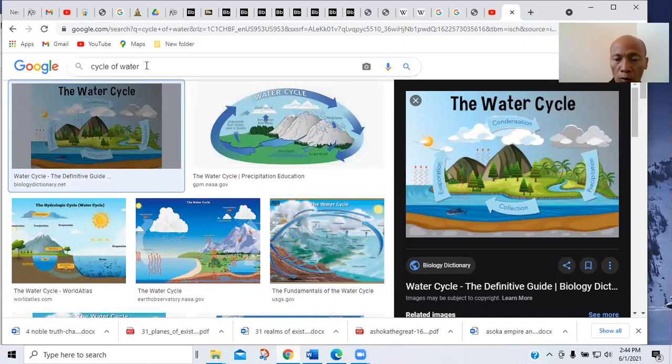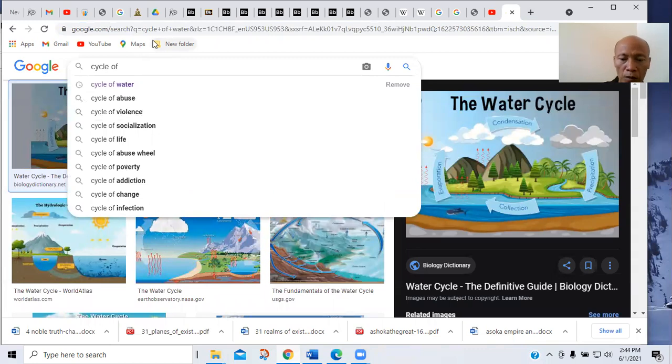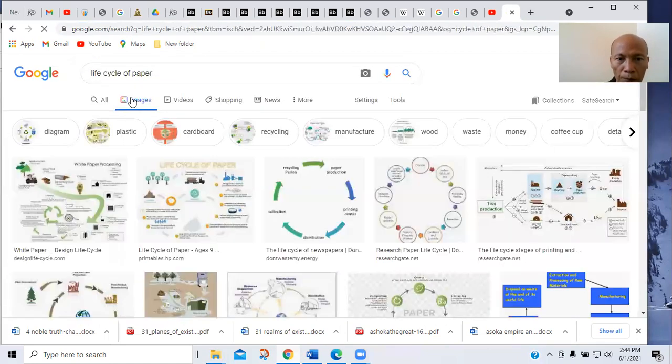And you can say the cycle of paper, a life cycle of paper.